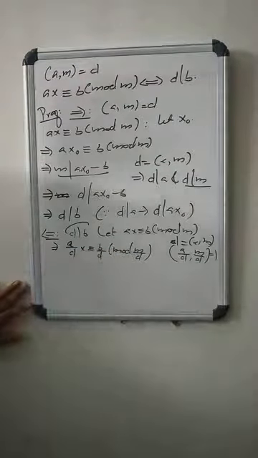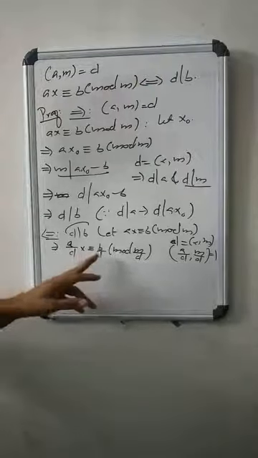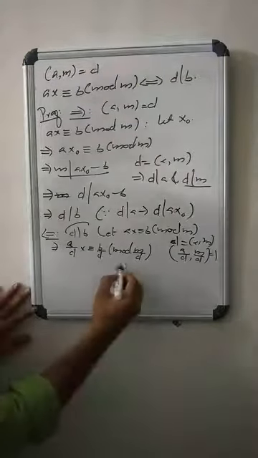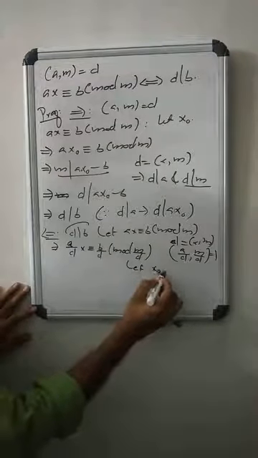That is a linear congruence. Then A/D X ≡ B/D mod M/D has a solution; let this solution be X naught.